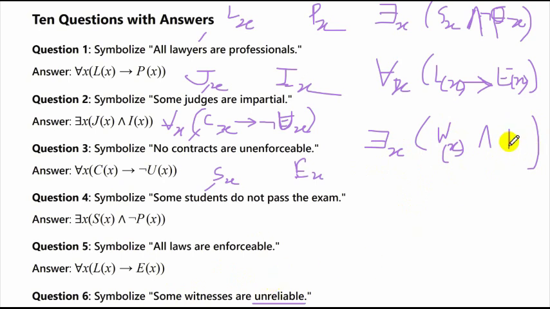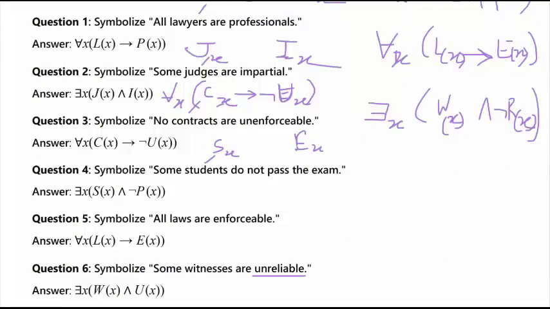We can write reliable and then negate it, unreliable. Let's see the answer. They have directly put unreliable. We can say x is reliable and then negate it, x is unreliable.